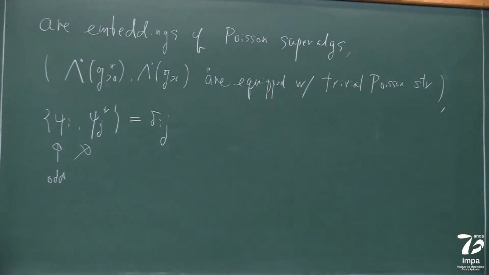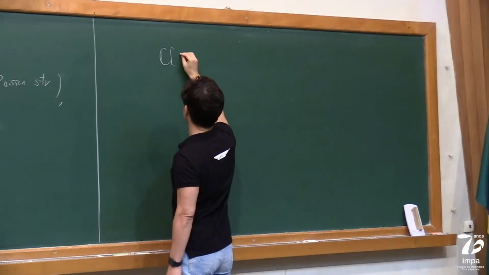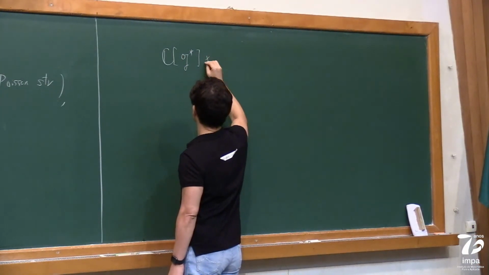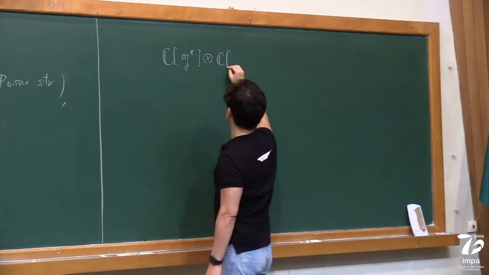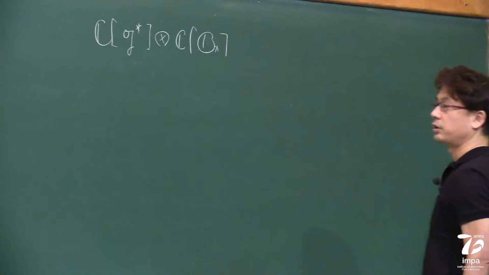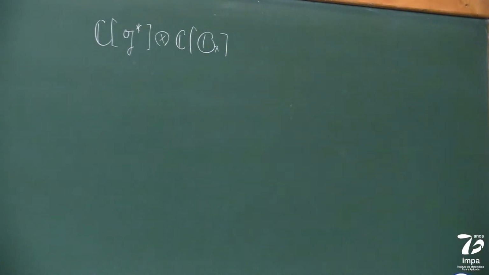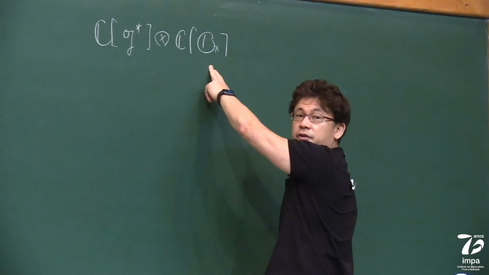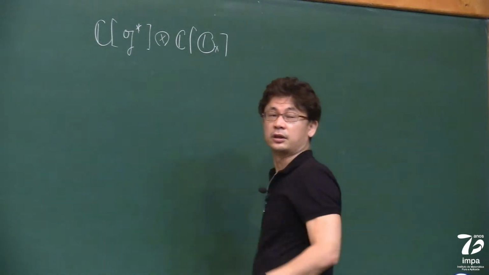And then I consider, so I want to start with the functions on G star times this orbit, which is a tensor product of functions on each affine space. So in fact, these both are polynomial rings, as we have seen yesterday.